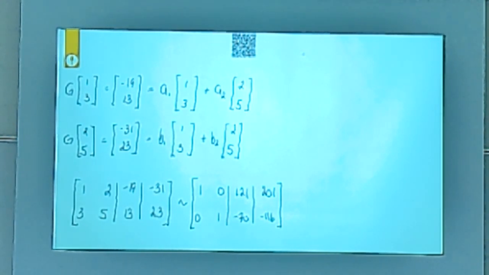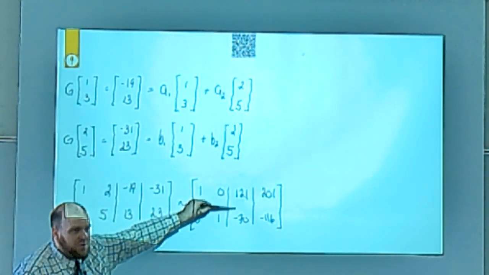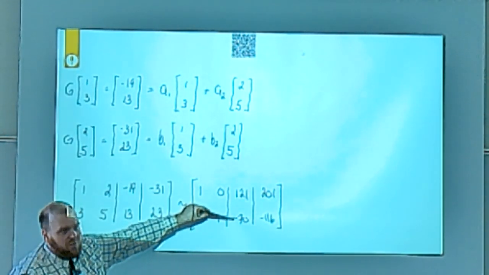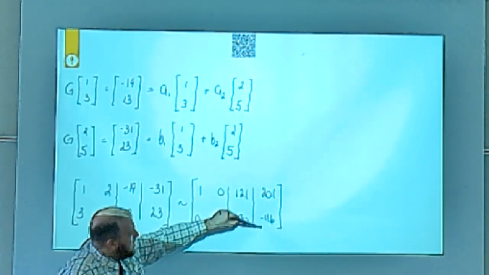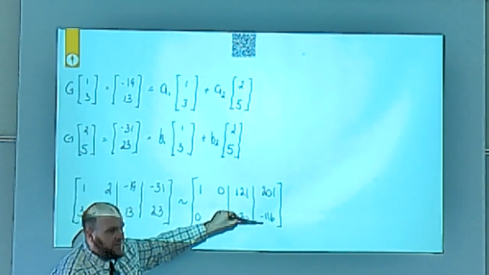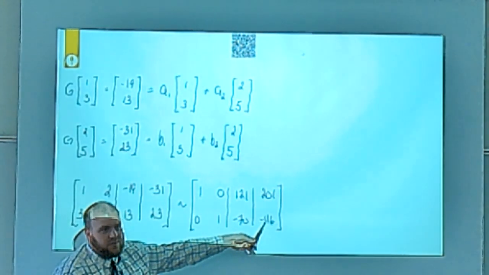There's where we're at. But this is our coordinate vector for the transformation of (1, 3). This is our coordinate vector for the transformation of, what was it, (2, 5). Both of these columns make up your matrix.